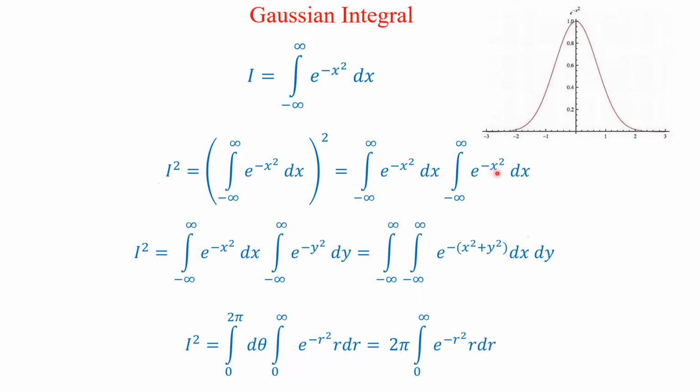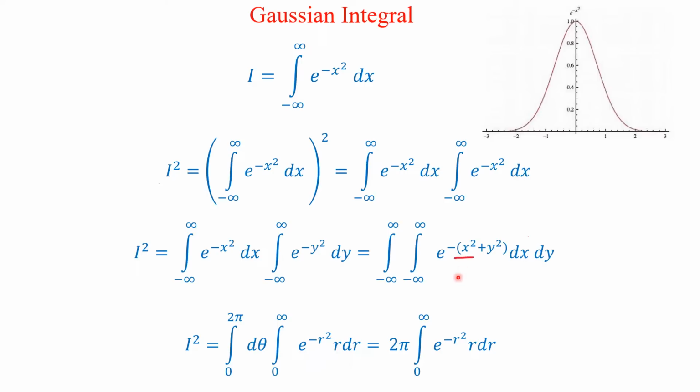Just because we replace the variable, the integral value will not change. The first integral is with respect to x, the second with respect to y, so we can combine both into a double integral of e to the power minus (x squared plus y squared) dx dy.